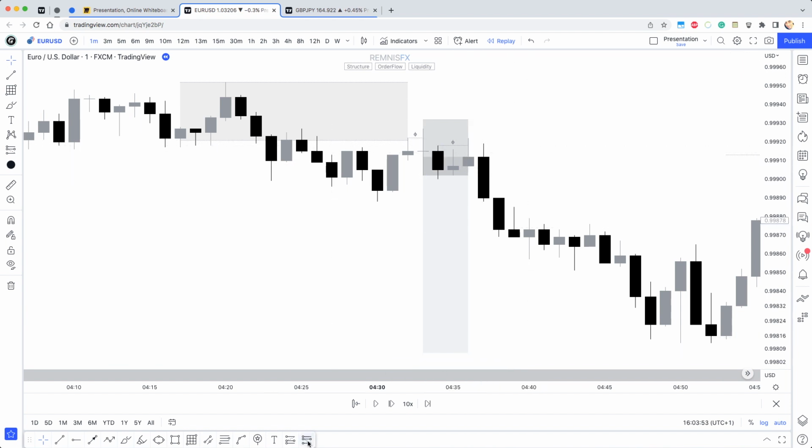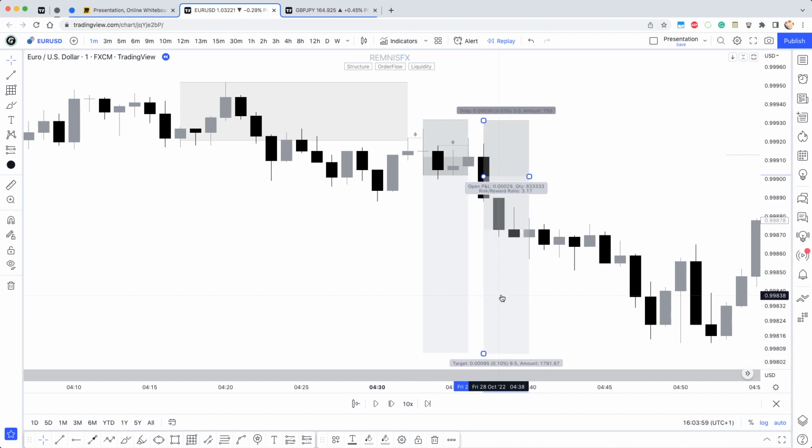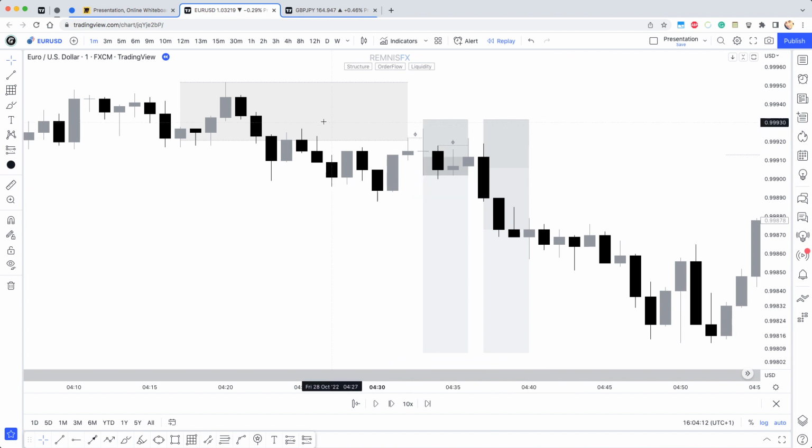So what you could have done is you could have entered, oh yeah, of course, you could have entered something like this again. Well, you can keep your stop loss, I believe, at the same place, because it covers this candle and this being mitigated here. Okay, liquidity.